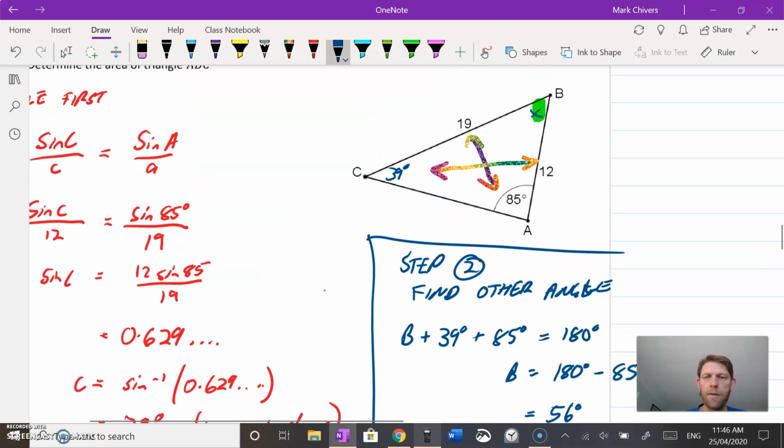So now that I know that that's 56 degrees, now I've got two sides I know the length of. In pink here I've got that side I know the length of, I've got that side I know the length of, and now I know the angle that's between them.